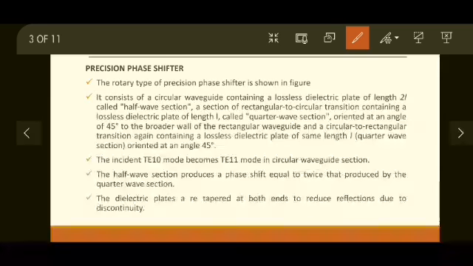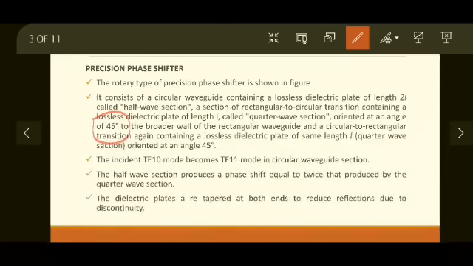Remember, the quarter wave section being angled at 45 degrees doesn't mean that it is producing a 45 degree phase shift. Its orientation is 45 degrees to the broader wall, but the amount of phase shift it produces depends on manufacturing, that is, how much phase shift you want.